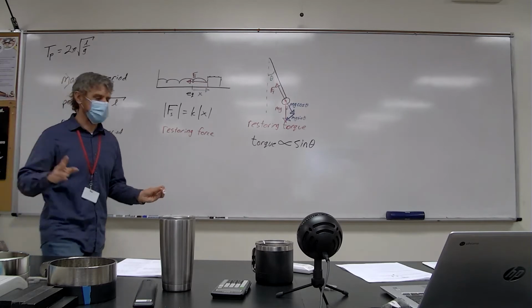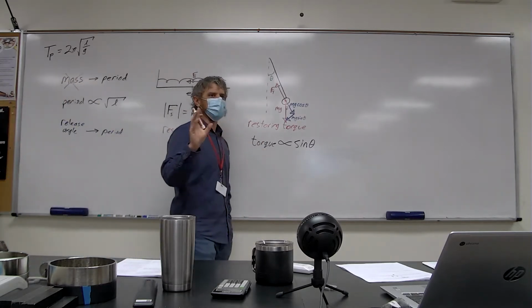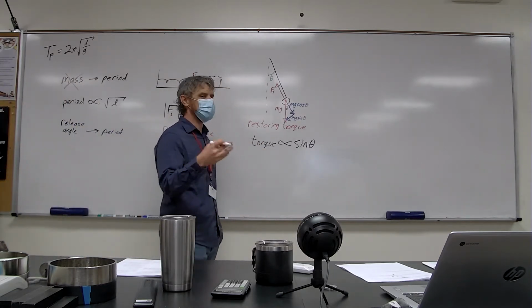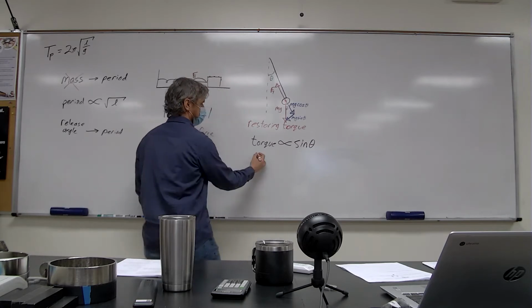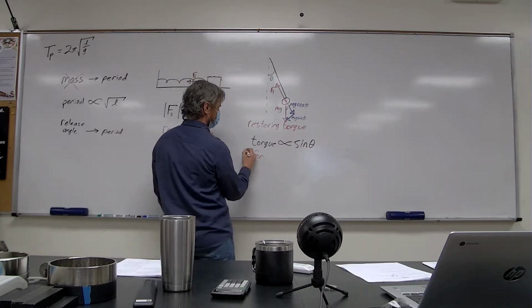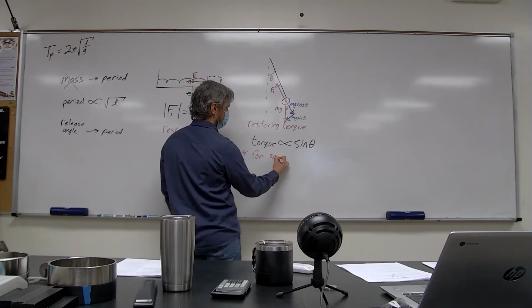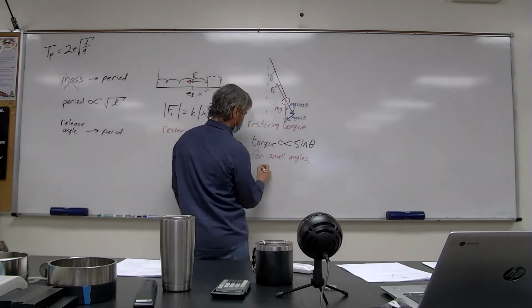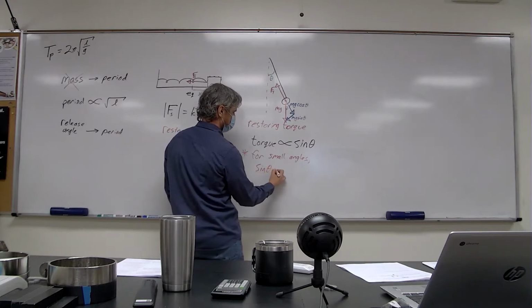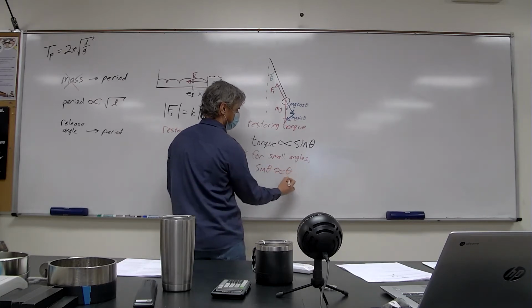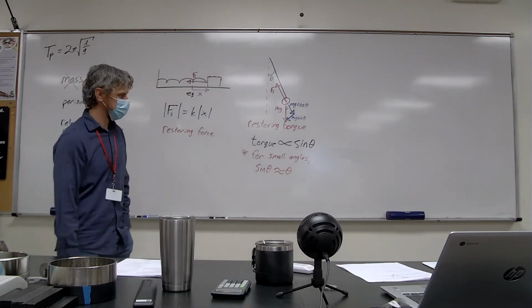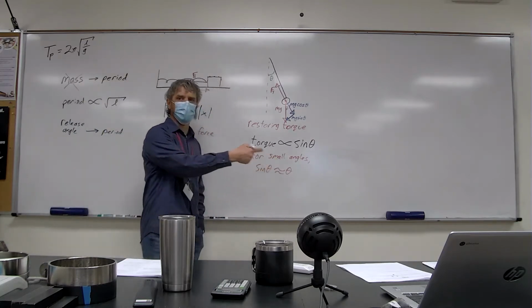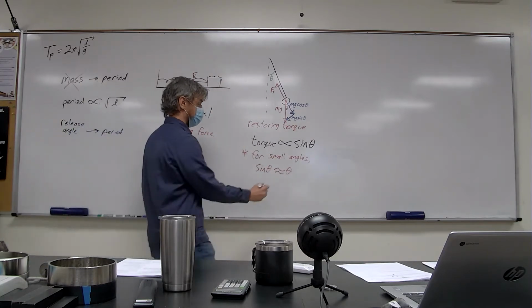Here's what's interesting, and for future engineers, future physicists, this is actually important in a lot of different applications. For small angles, the sine of an angle theta is approximately equal to theta itself. That's called the small angle approximation. There's other things that you can delineate from the small angle approximation.